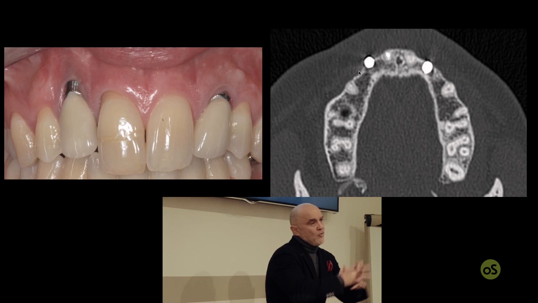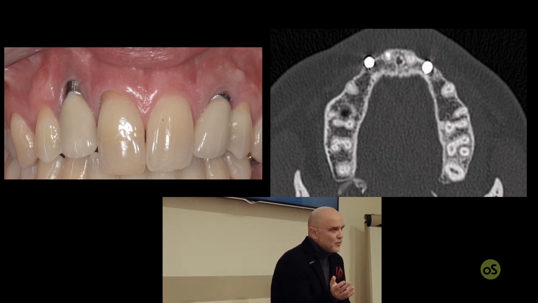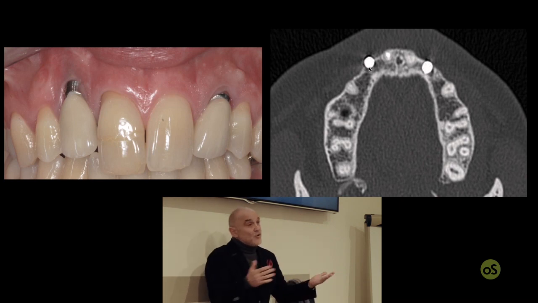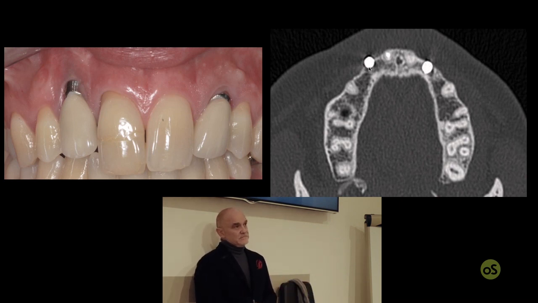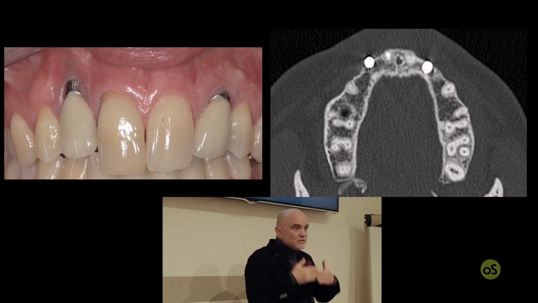And how do you know if the implant surface that you can see outside of the bone in the cone beam is really contaminated or not? Two ways. If you see it exposed, you see the thread exposed, obviously it's contaminated.